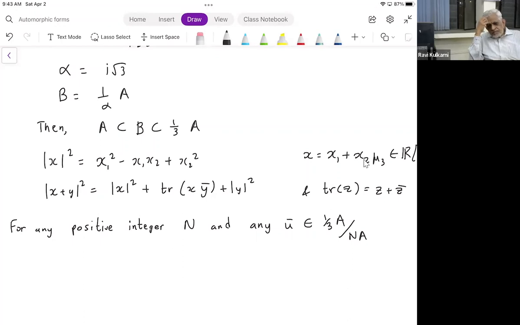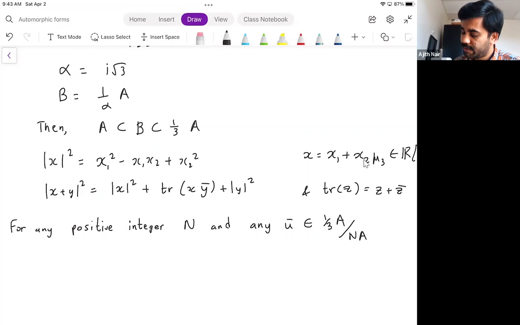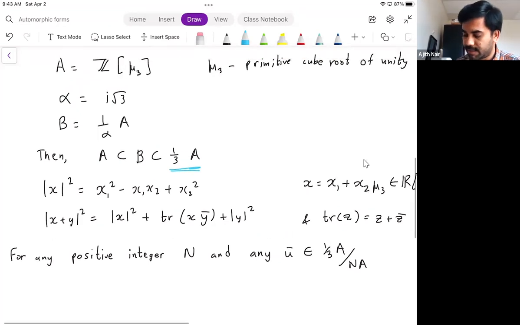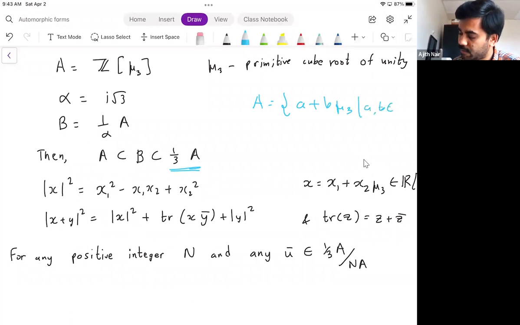So if you have any positive integer n and an element, a representative, in the quotient group 1 over 3A mod nA. So A was the ring Z adjoin mu3. Okay, so this Z adjoin mu3 will look like a plus b mu3, where a and b are integers.